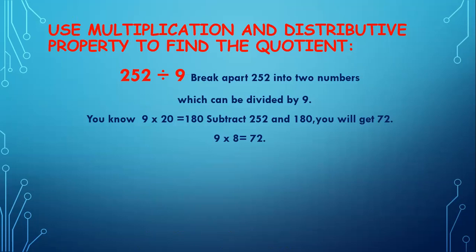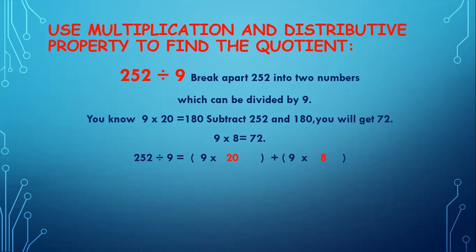So you can subtract 180 from 252 and you will get 72, which you already know is divisible by 9, because 9 times 8 equals 72. So you break apart 252 into 180 and 72. So 9 times 20 and 9 times 8.